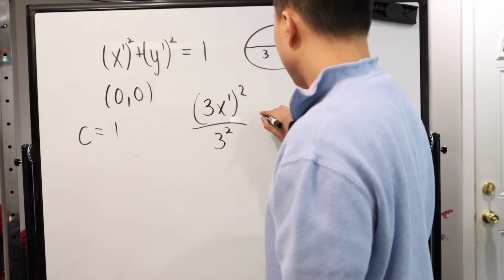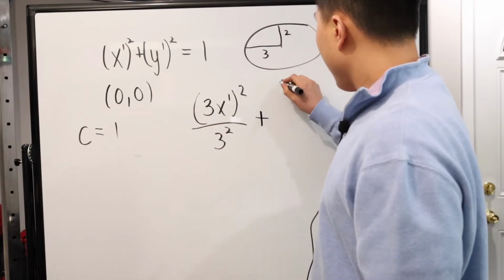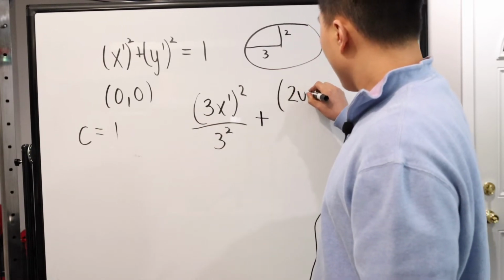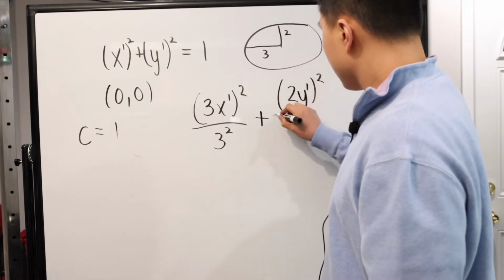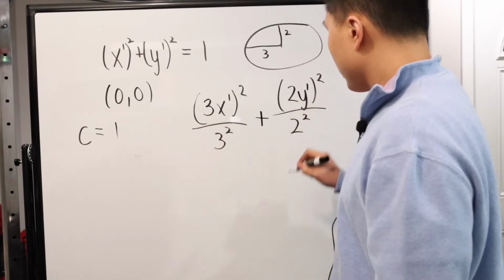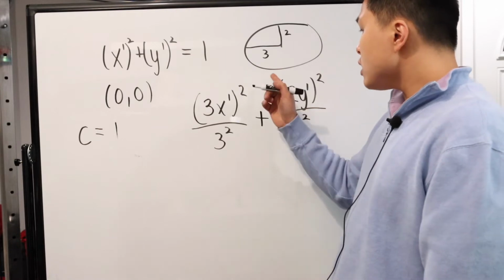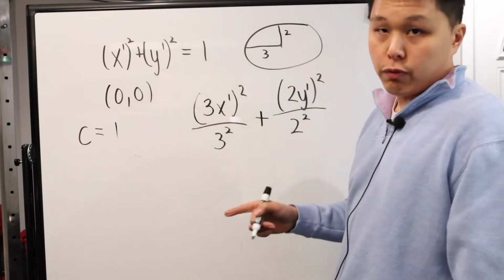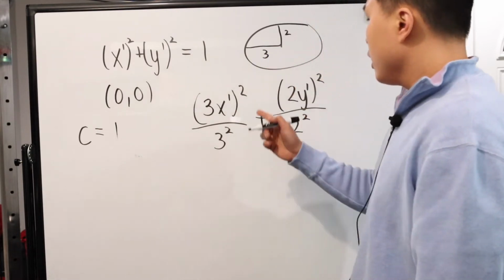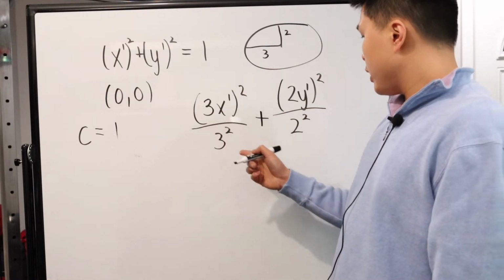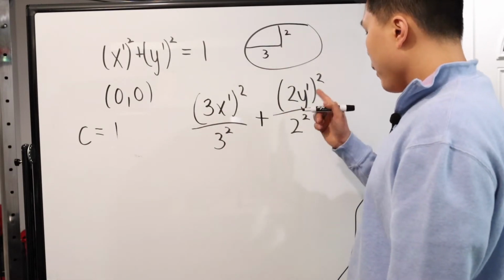Same with the concept of y. So I'm going to have 2y prime squared over 2 squared. All right, cool. Now, why would I do that? Well, this is to stretch out the circle into an ellipse, right? We're going to stretch out the x by 3 and the y by 2.